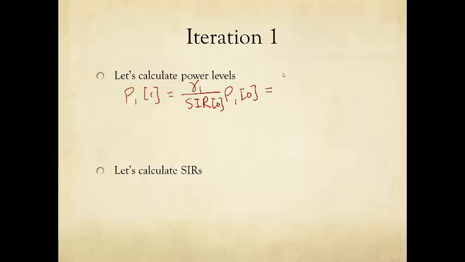And this equals 2, your target, over 1.43, what you're currently getting, multiplied by your current power level, 1.0, and that is 1.4. Indeed, now you're going to blast more power than before, because you were not achieving your target SIR. Similarly, the second user's transmit power now becomes 1.25 instead of 1.